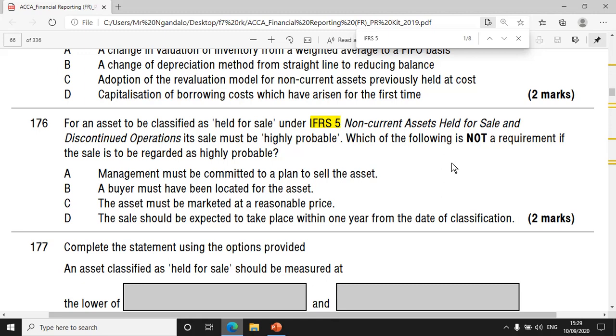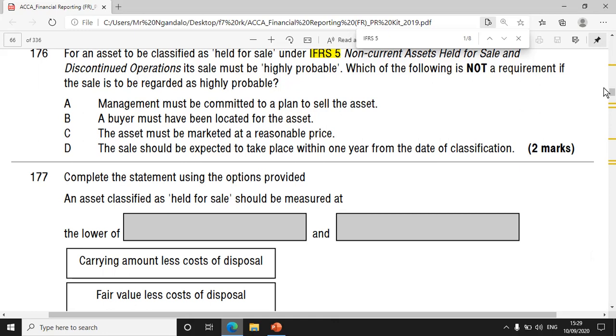I get that one. Then D says the sale should be expected to take place within a year. Well, that's still fair enough. So I think it is not necessary for us to locate a buyer. We just do the advertising and then somebody will pitch up. So B is the answer, because it is not one of the requirements that we're looking for.